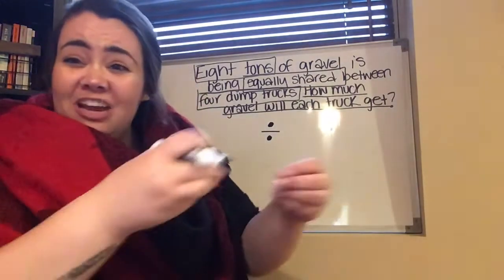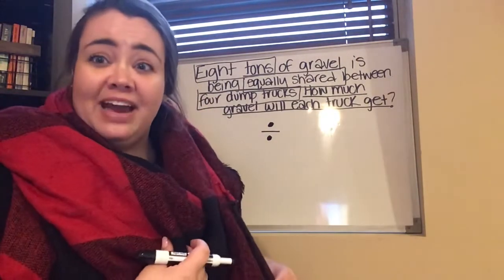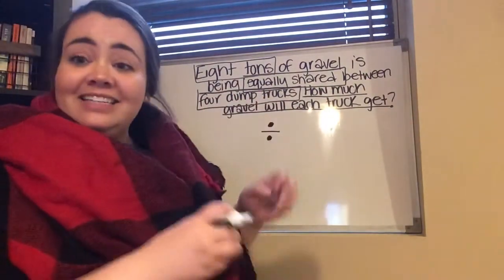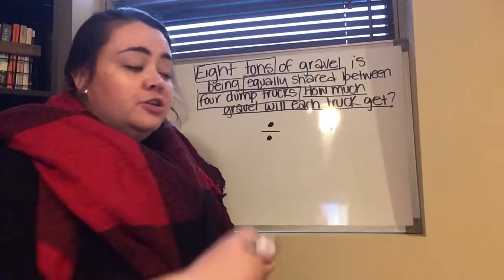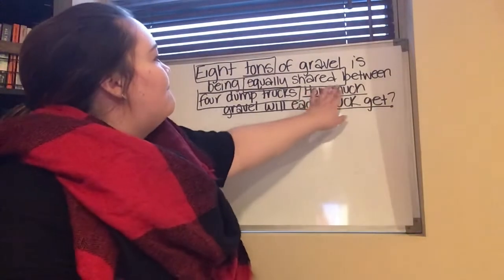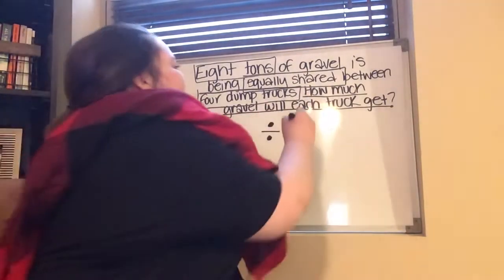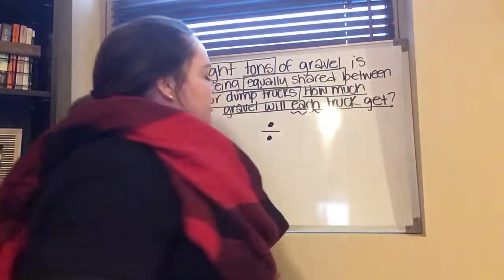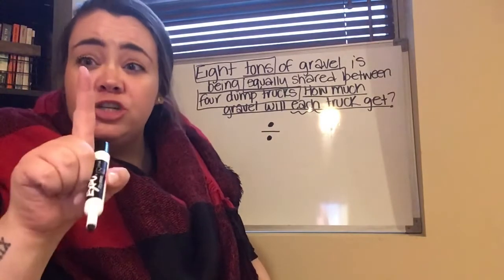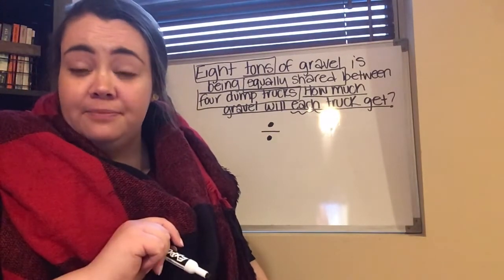If something is being equally shared, I know right away I'm dividing. Between 4 dump trucks, that tells me what I'm dividing to. So my groups here are going to be 4 dump trucks. How much gravel will each truck get? That's important because that's telling me that I'm looking for how much is one truck going to get, how much is each truck going to get.